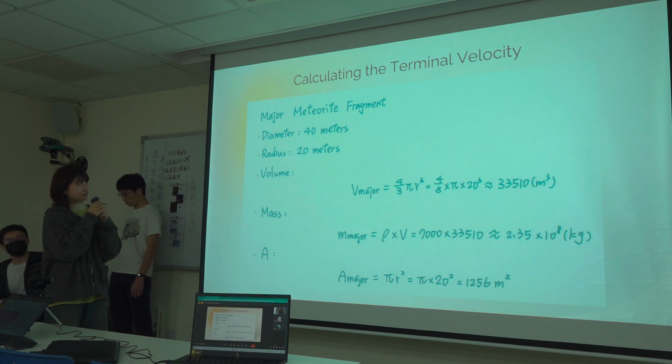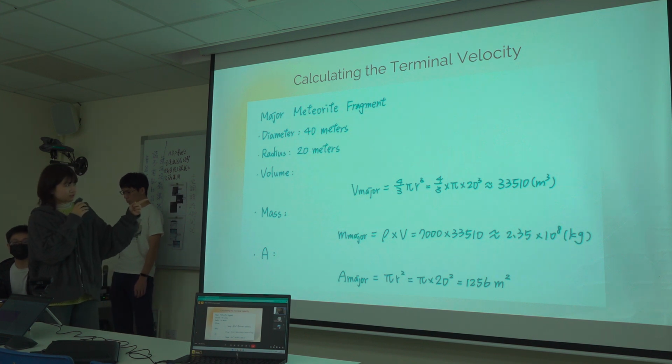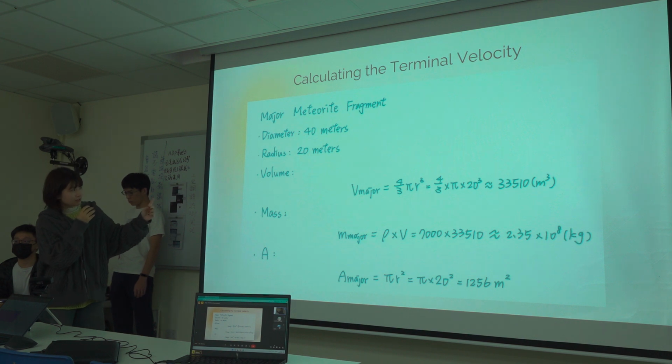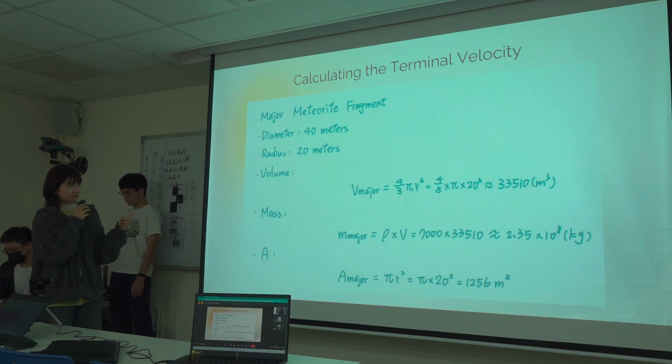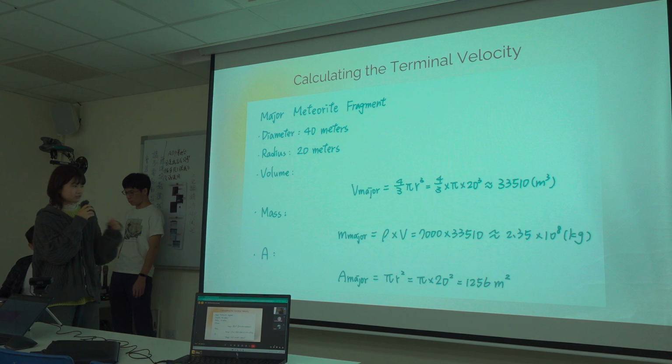The diameter of these fragments is about 40 meters, and we can calculate its volume based on the diameter, and then the mass based on the density of the meteorites and its volume, and finally we can calculate the cross-sectional area of the meteorites.